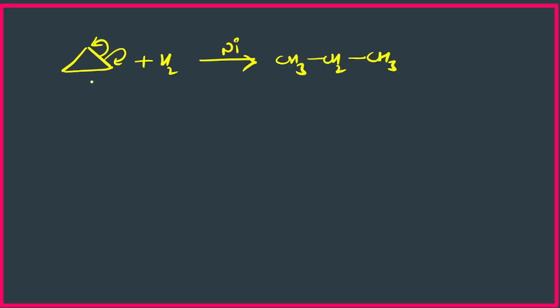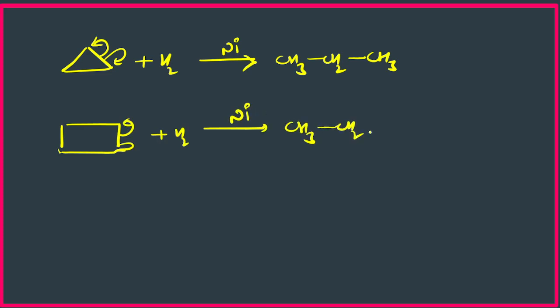Generally, cyclobutane has strain. So the breaking of the bond with hydrogen at a nickel catalyst gives CH3 CH2 CH2 CH3. It is cyclobutane to butane.